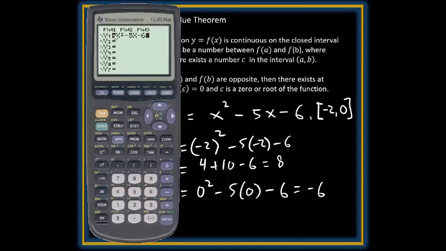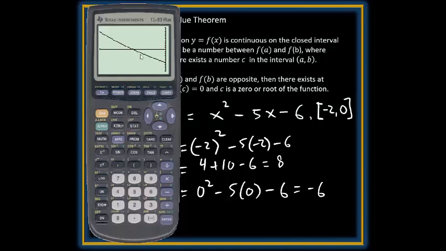So we type the function x squared minus 5x minus 6. Let us apply the standard window. So we can go to Zoom 6, or if you want to use your domain, you can go to window here and take -2 to 0 and then graph it again.